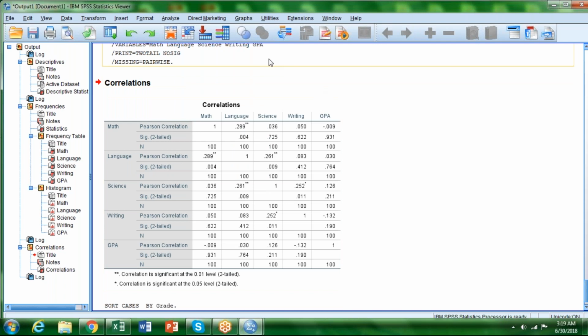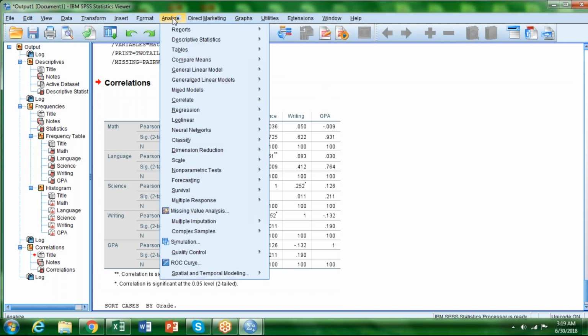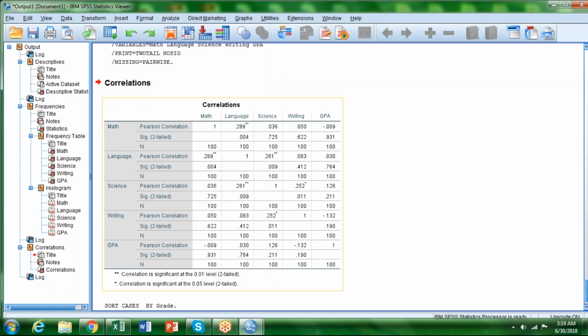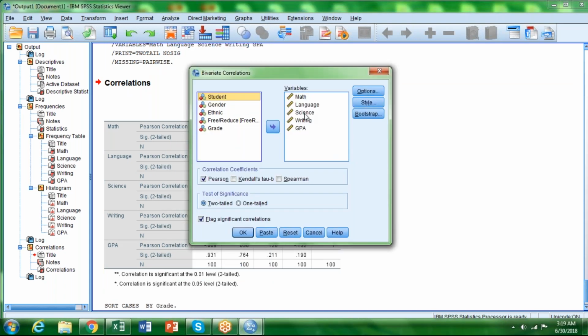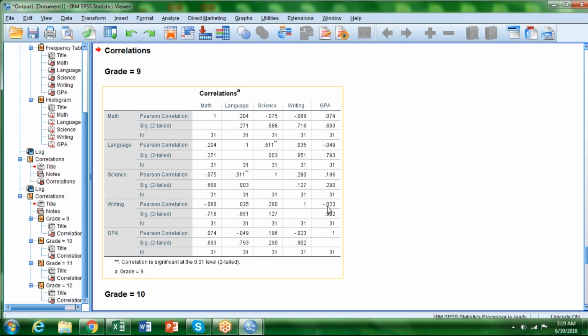Now we can just run the exact same correlation, come down here and do the exact same bivariate correlation: math, language, science, writing, and GPA. We're not changing anything except that now we've split our file by grade.